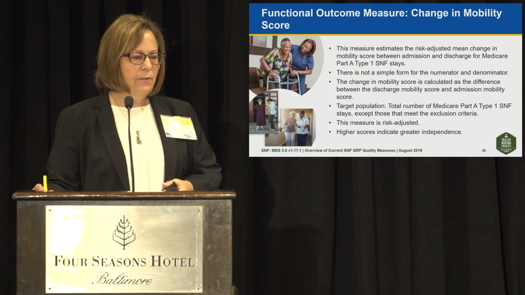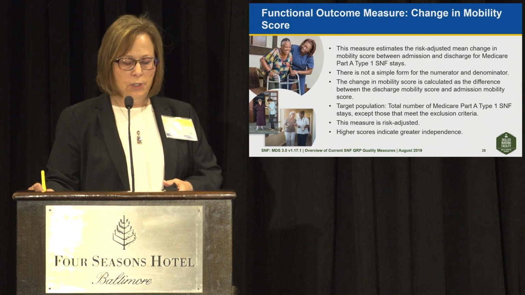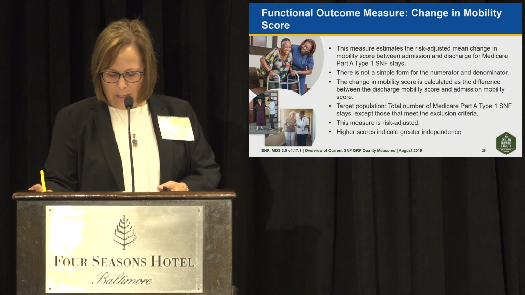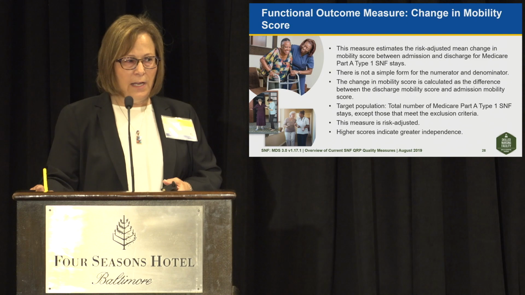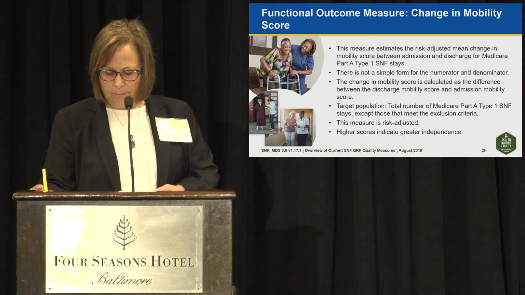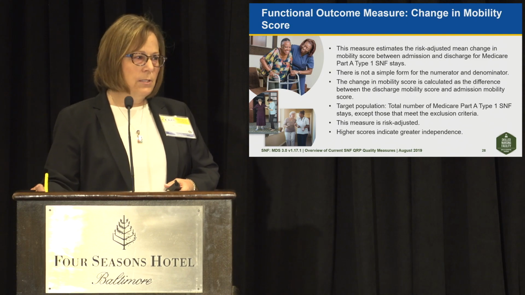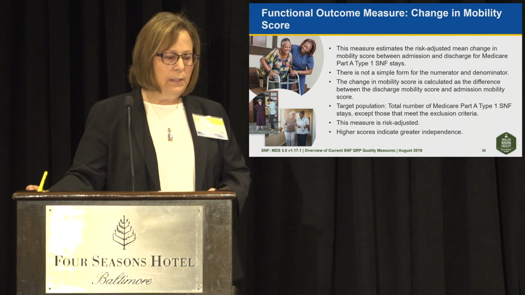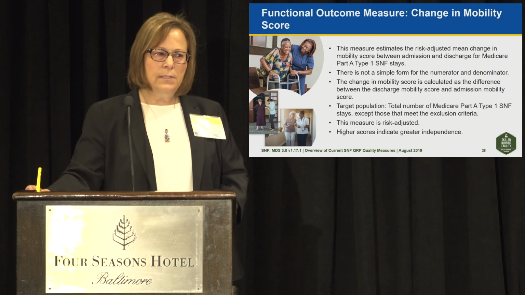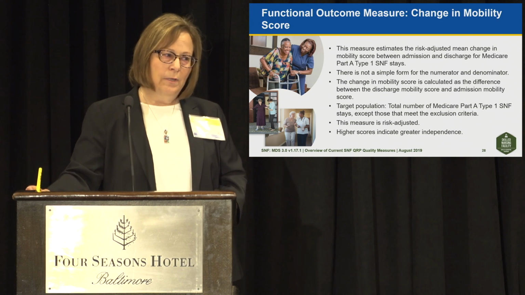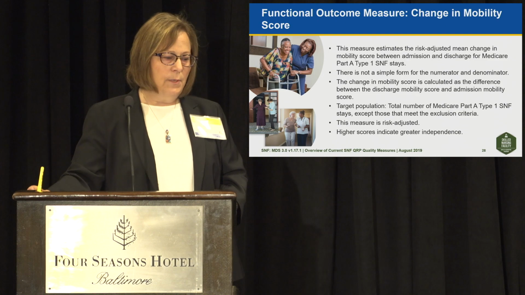Now let's look at the functional outcome measure, change in mobility score. We've just reviewed change in self-care score. You'll find many similarities. This measure estimates the risk-adjusted mean change in mobility score between admission and discharge for Medicare Part A Type 1 SNF stays. Once again, there's not a simple form for calculating the numerator and denominator.